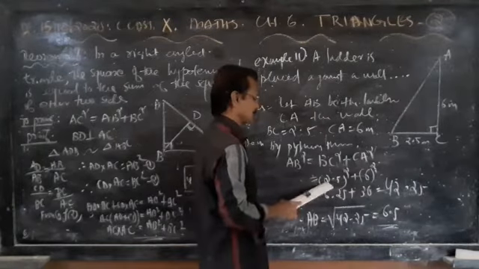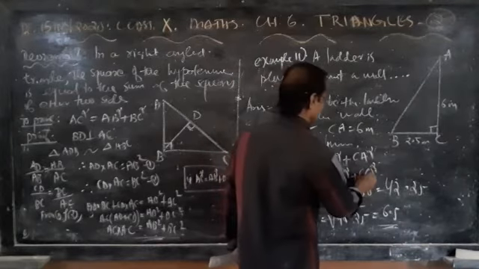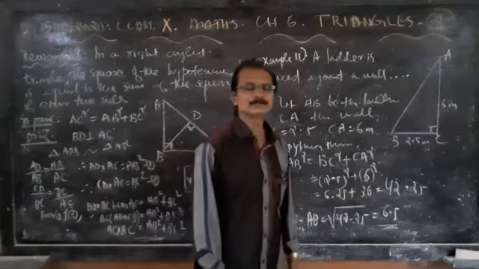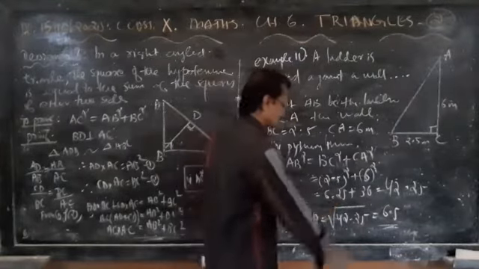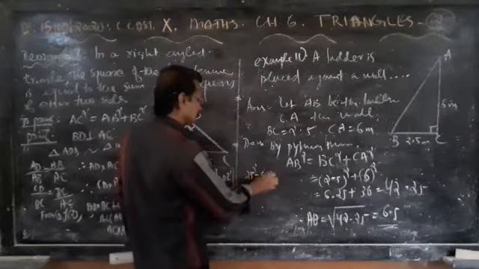BC is 2.5, so you can write 2.5 whole squared plus CA 6 whole squared. 25 squared is 625.